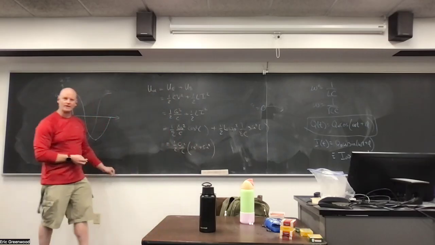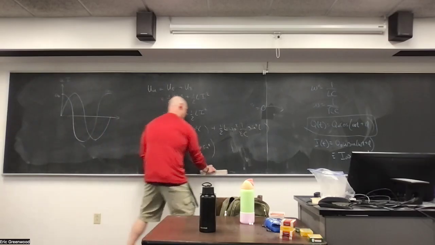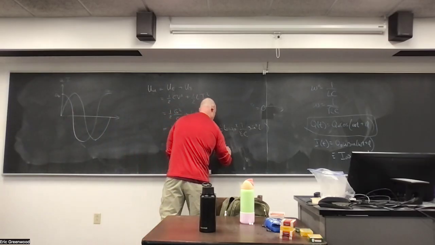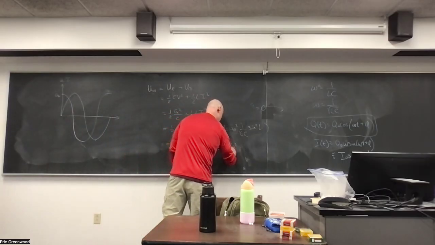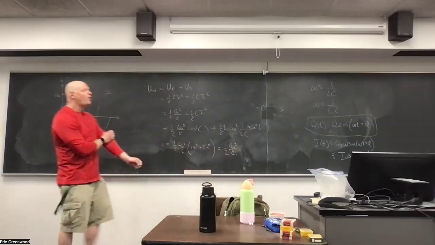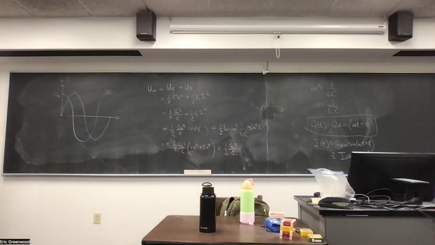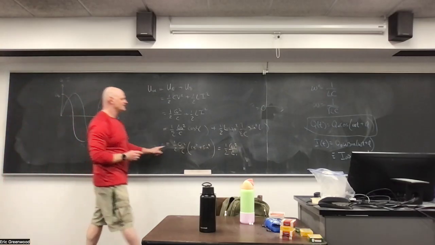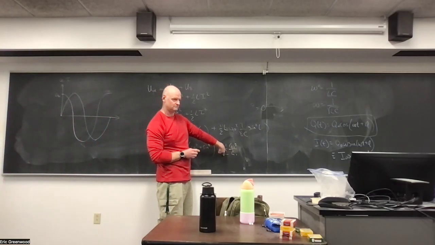But what's cosine squared plus sine squared? 1. So this means that my total energy is simply equal to a constant, which is 1/2 Q0 squared over the capacitance. My total energy of this thing is equal to a constant, which of course it has to be because for a harmonic oscillator, we know the total energy is conserved. Nothing is leaking energy. So my total energy in this case is simply given by this.